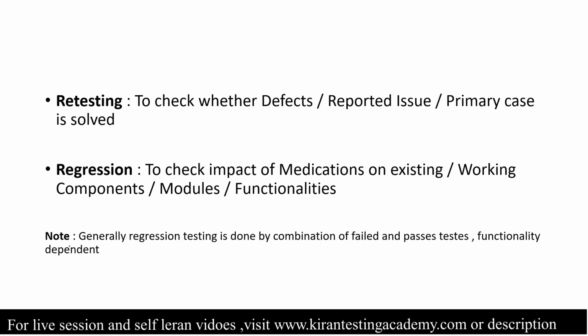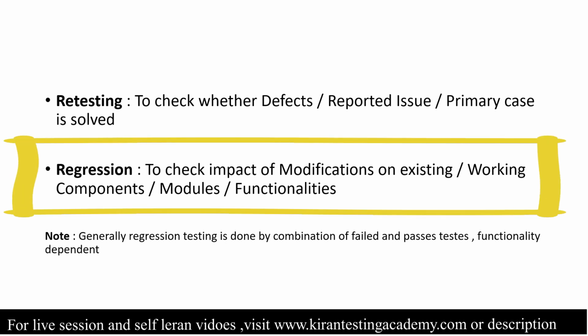No. Retesting is required but not sufficient, because if we edit the source code, other components may get disturbed, so we need to check the impact of modifications on the existing and working components.